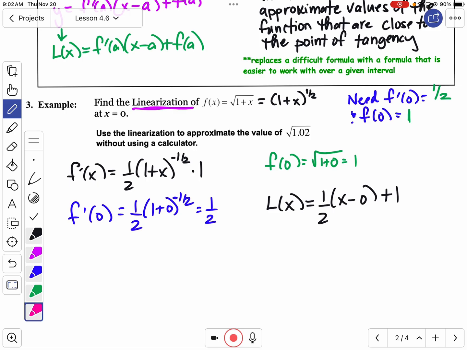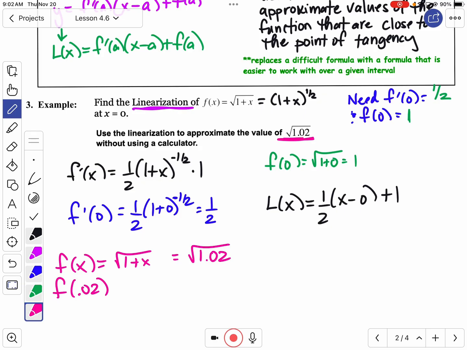Now, the next part is to approximate this value, the square root of 1.02. What we have to remember is that f of x is the square root of 1 plus an x value. If I want to have the square root of 1.02, what x value would I actually be plugging in? 0.02.